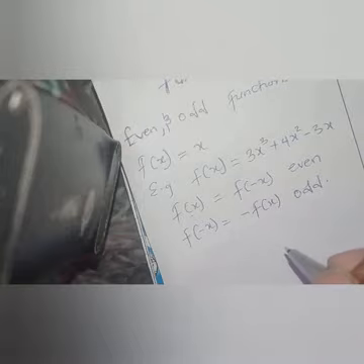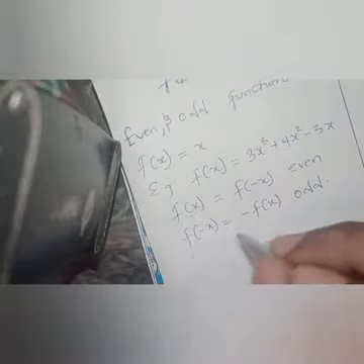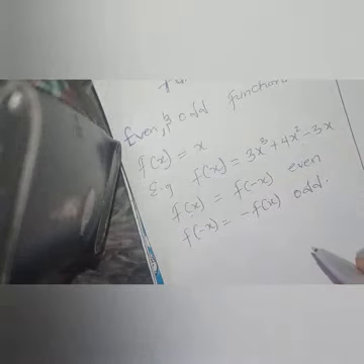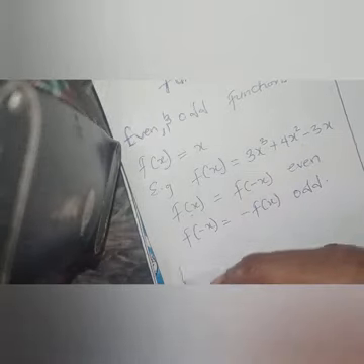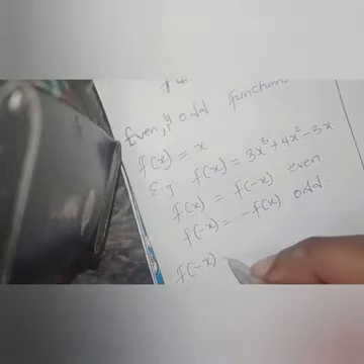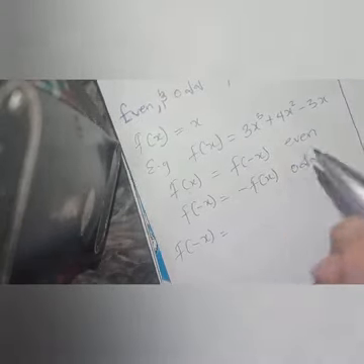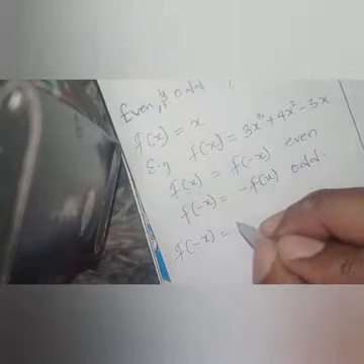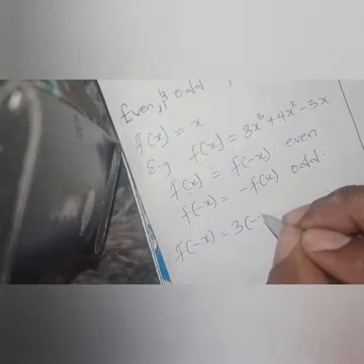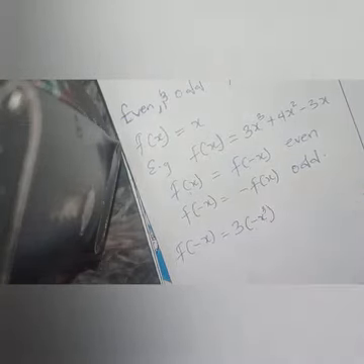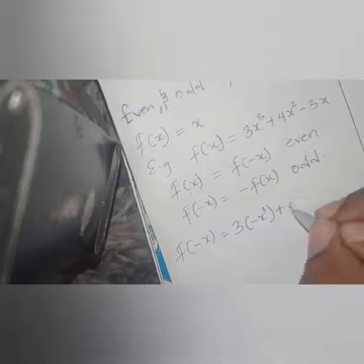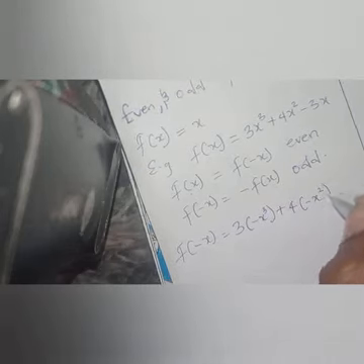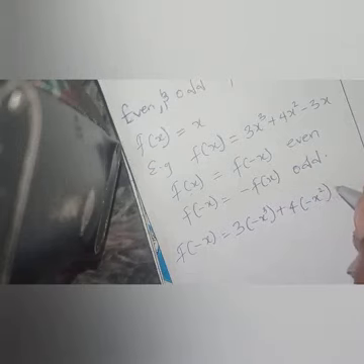So let us try this function, whether it's even or odd. Let me try for f of minus x. Meaning anywhere I see x, I just put minus x in this function. So this will be 3 into minus x cubed, plus 4 into minus x all squared. The power is supposed to be outside the bracket.